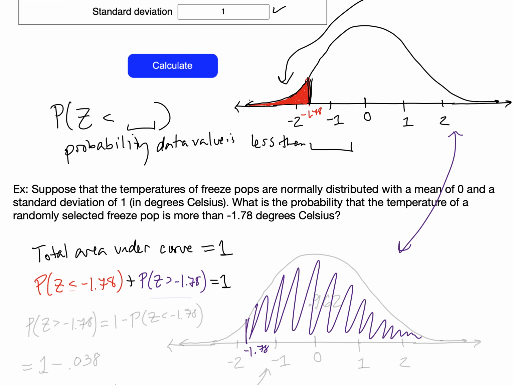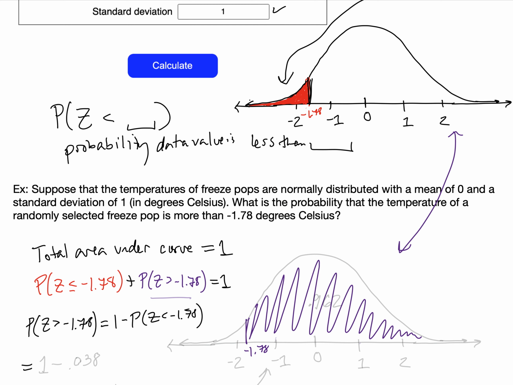Again, remember that for continuous distributions, the "or equal to" part doesn't matter. The total probability of both of those things together will be equal to 1. So if we wanted to solve for this one, we could just get it by itself. The probability that z is greater than negative 1.78 is equal to 1 minus the probability that z is less than negative 1.78.